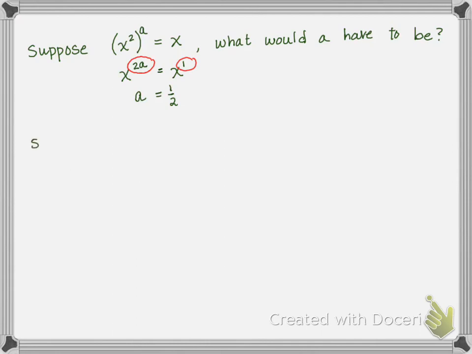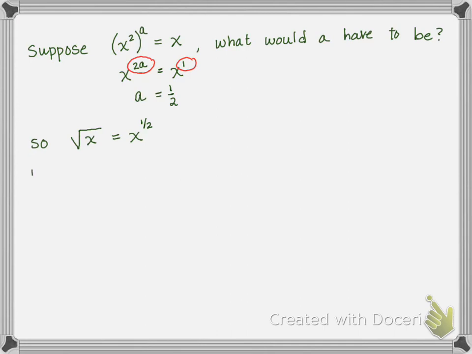So that means that the square root of x is the same as raising x to the 1/2 power. Because the square root of x undoes an exponent of 2, and we just saw that an exponent of 1/2 also undoes an exponent of 2. So they are the same thing.